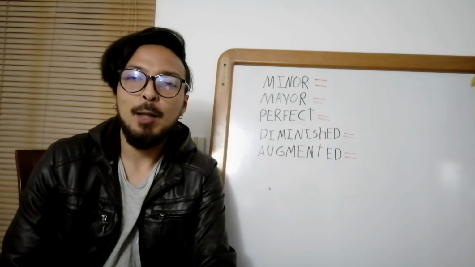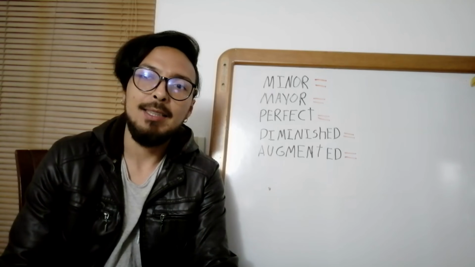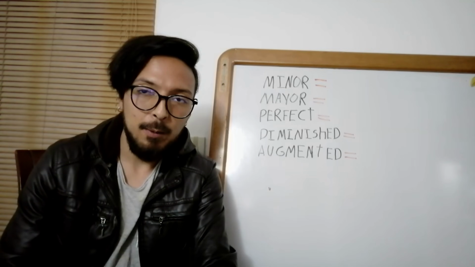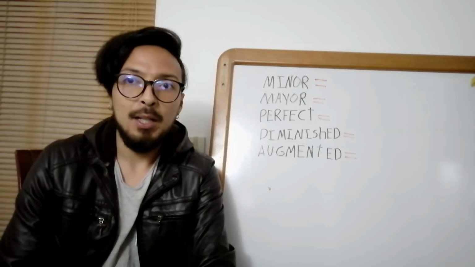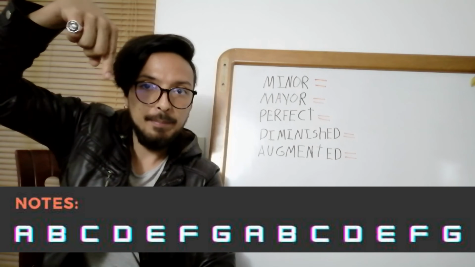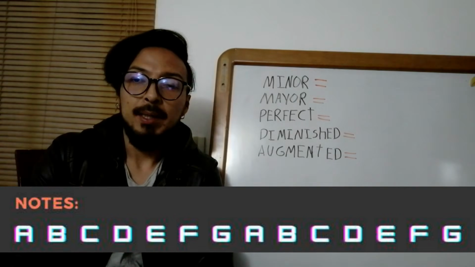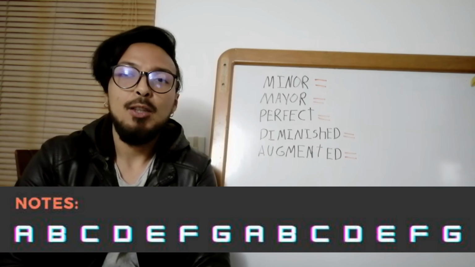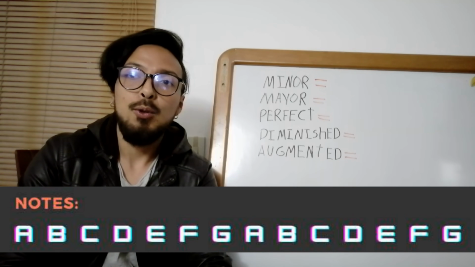In any case, I'm going to do a little recap of what we did last video. So let's begin. Last video, we learned the music alphabet. It's going to show up over here. We use the letters of the alphabet to name the notes and to find the distance between two notes.